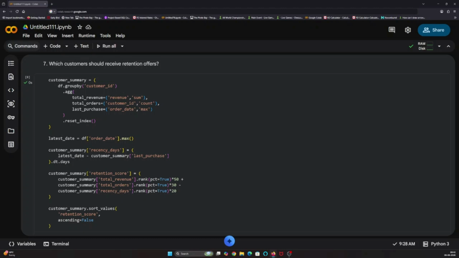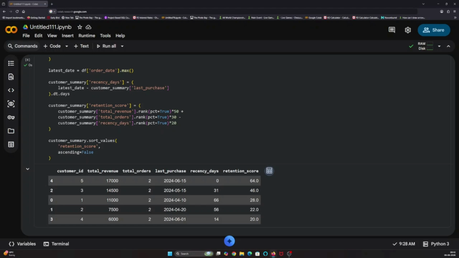Customers with higher scores are more valuable and deserve more attention. So how will the business interpret after looking at this result? Instead of randomly sending offers, we prioritize customers based on data. This increases marketing efficiencies and improves ROI. This is very similar to how many real-world targeting systems work.